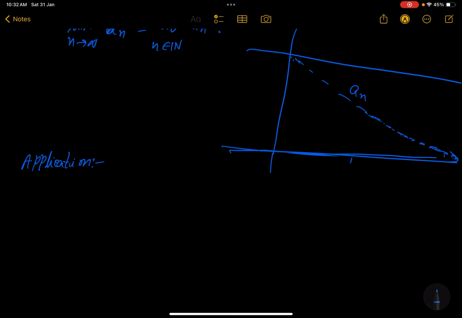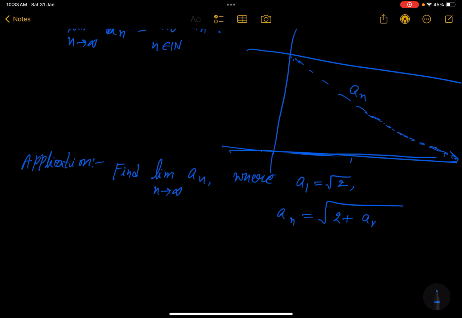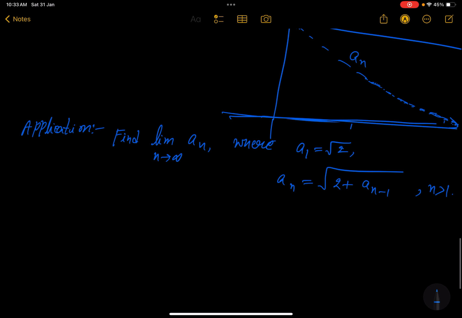What is the application? So find the limit as n goes to infinity of a_n where a1 equals square root of 2 and a_n is given by the square root of 2 plus a_{n-1}, where n is strictly bigger than 1, okay?